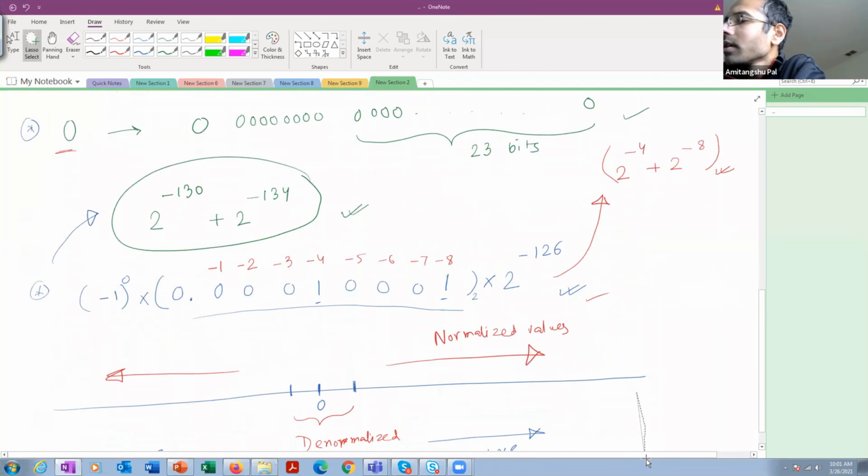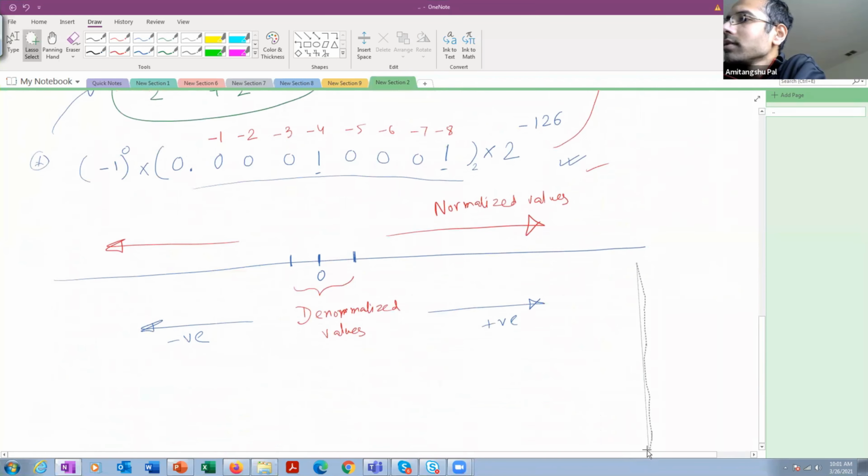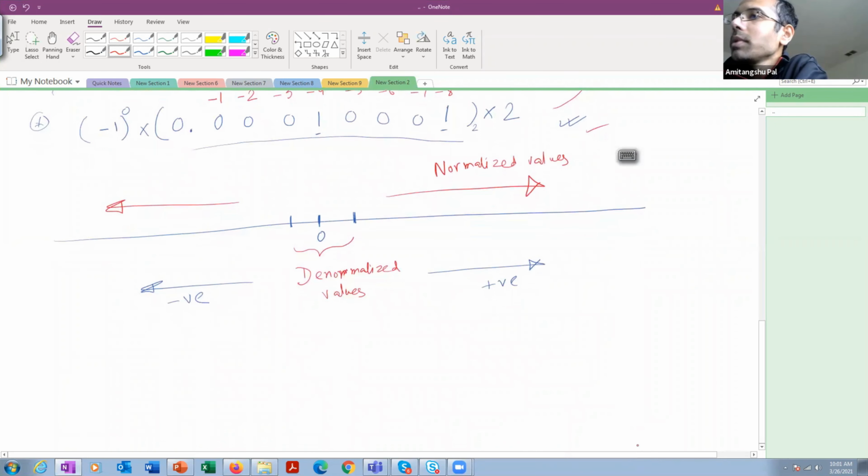Now, the last case is how to represent special values. So special values means, suppose I want to represent plus infinity or minus infinity or not a number.